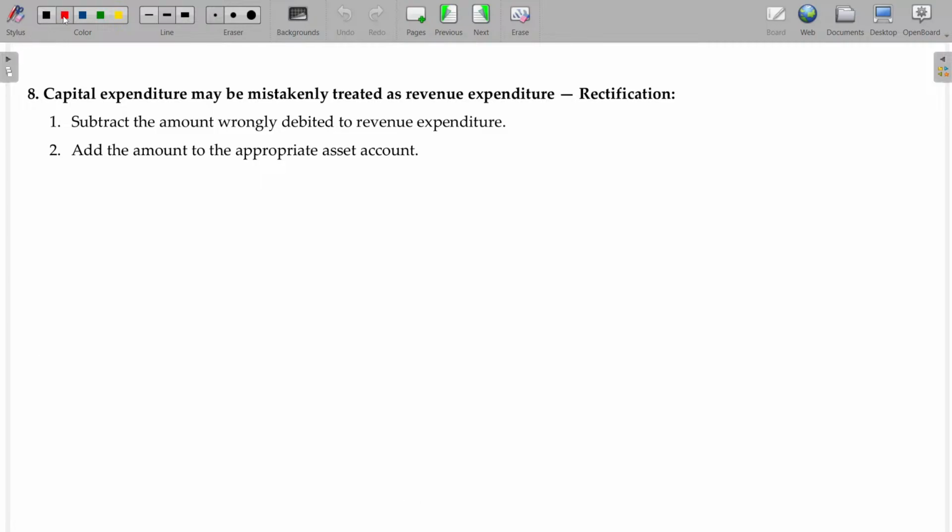We'll go for an error type, mistake. Sometimes the capital expenditure is treated as revenue expenditure. For example, wages paid for installation of a machine.